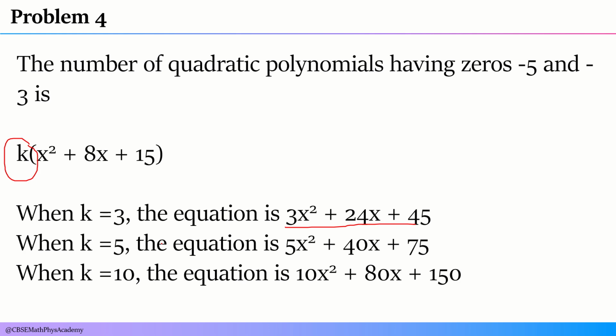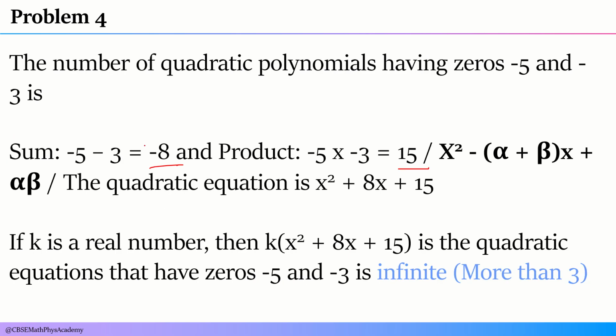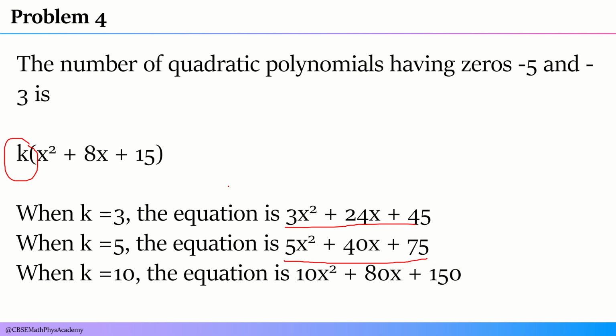Now you can repeat the same for the next equation. When I multiply 5 with the entire equation, I get the polynomial 5x square plus 40x plus 75. The sum is -40 by 5, which is -8, same as the earlier equation, and the product is 75 by 5, which is 15.